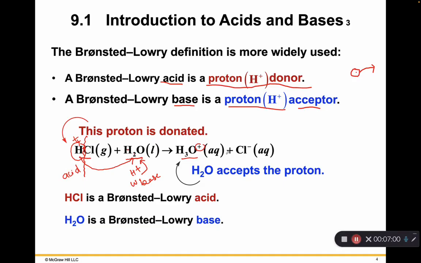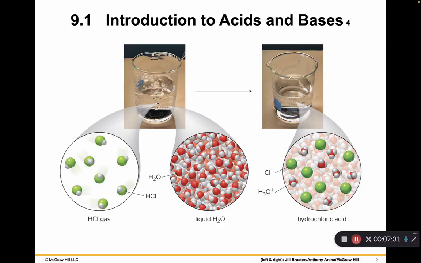It forms the hydronium ion, and whatever is left after giving away H plus is Cl minus. That is also a side product here. So according to this definition, HCl is the proton donor, so we call it an acid, and water is the proton acceptor, so we call it a base. The same thing is explained here.